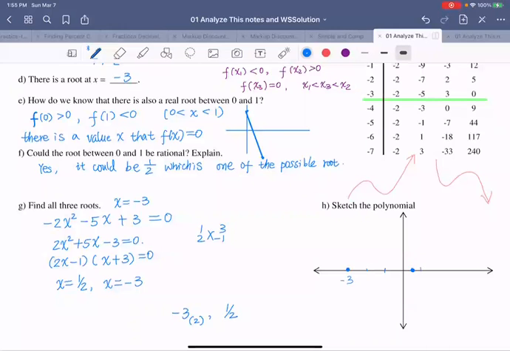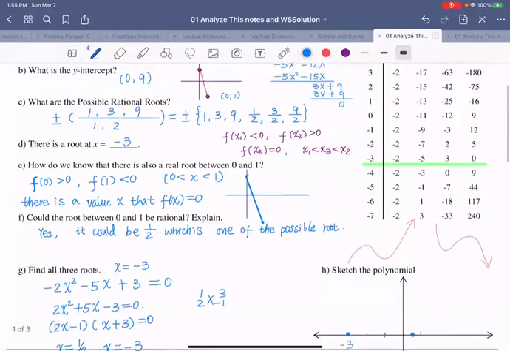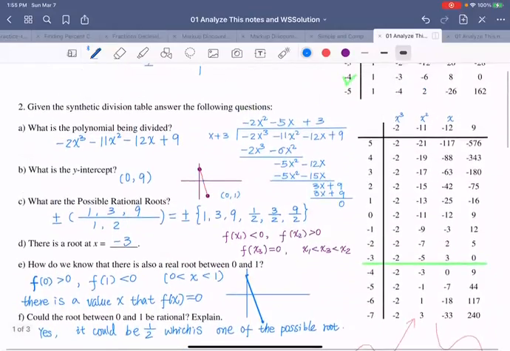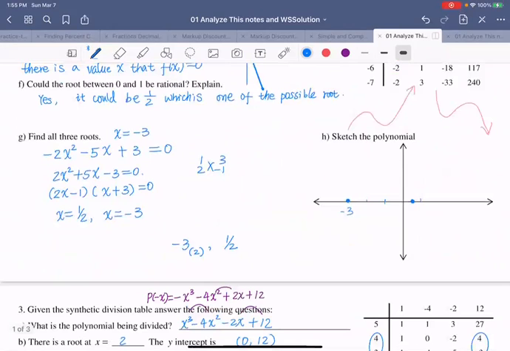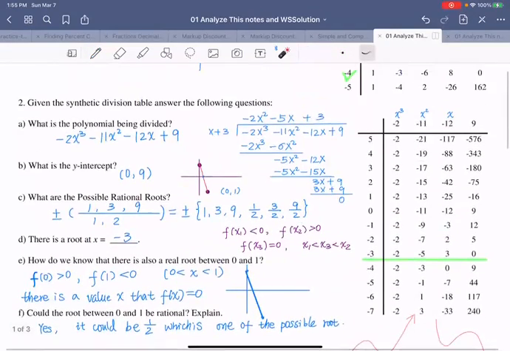And you have a y-intercept of y equals 9, so you put a y-intercept over there. And then you have the leading term. The coefficient is negative.